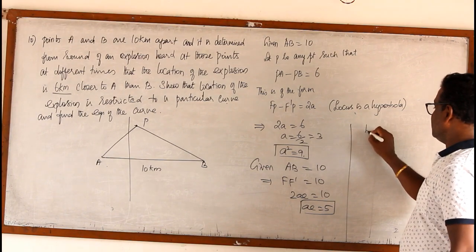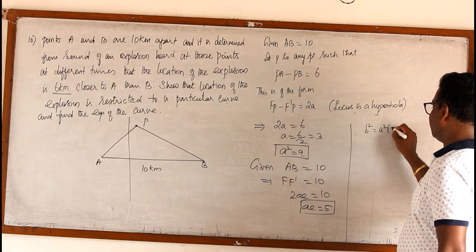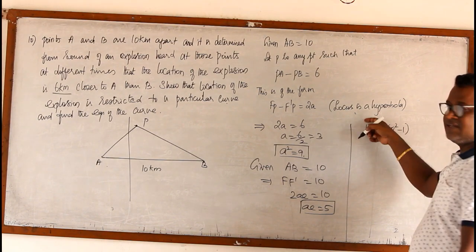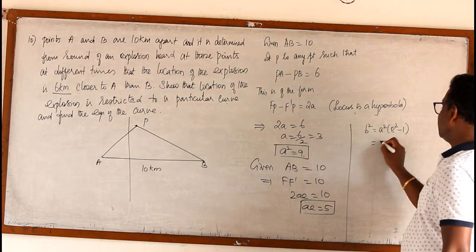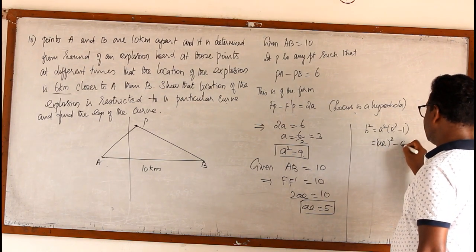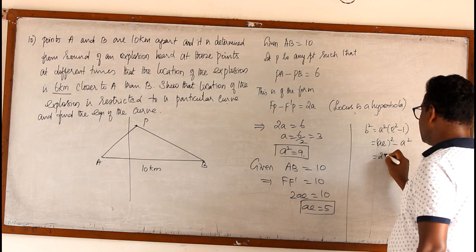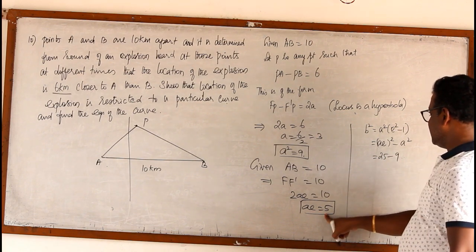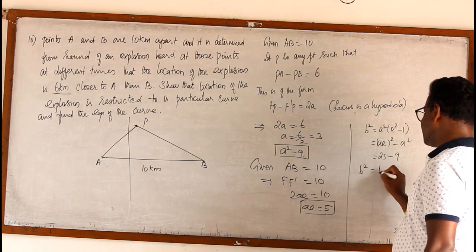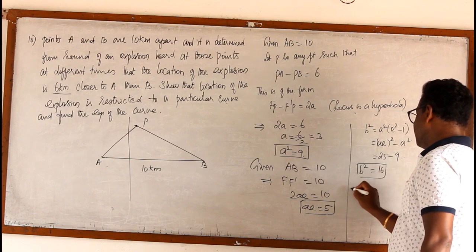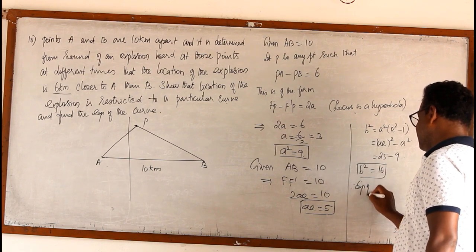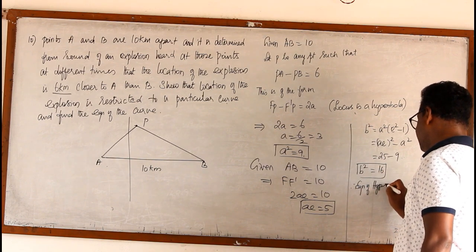Therefore b square is a square into e square minus 1, since we can form this as a hyperbola. So ae the whole square minus a square, it is 25 minus 9 because ae is 5, so b square is 16.